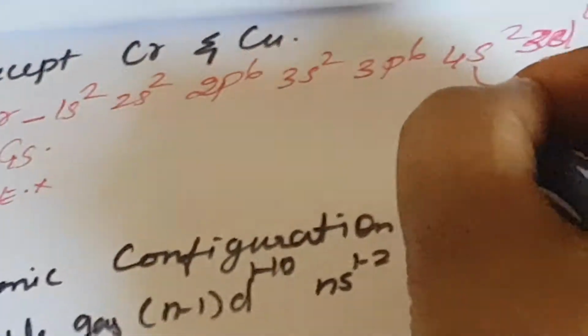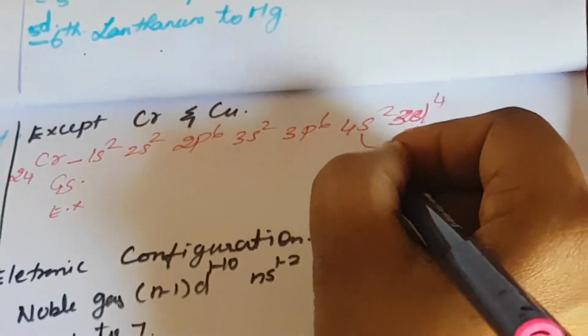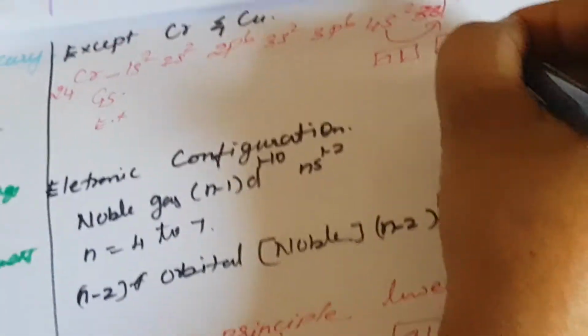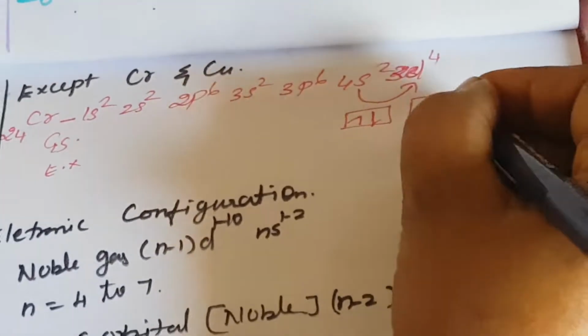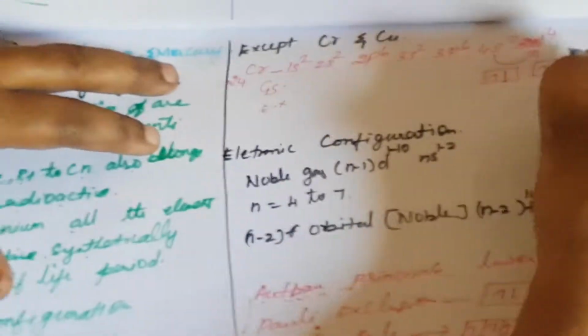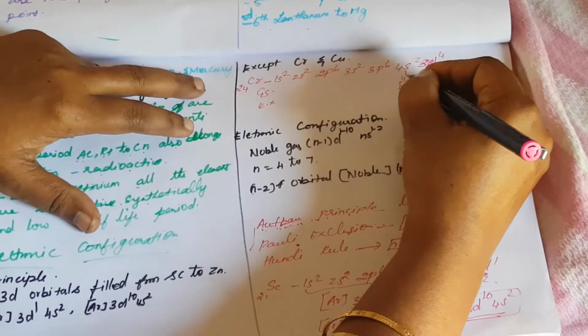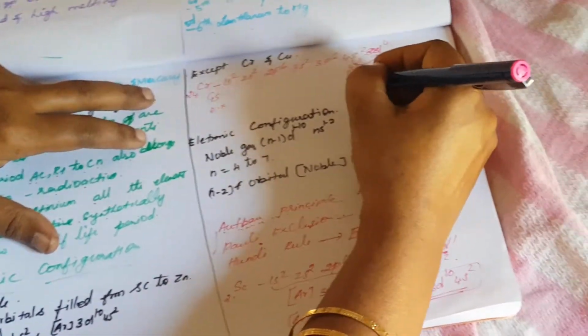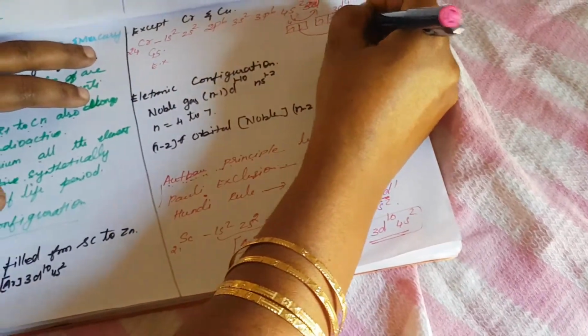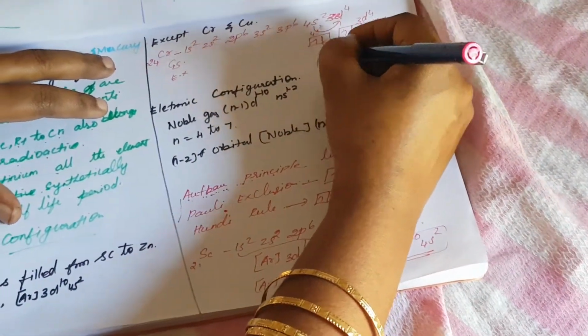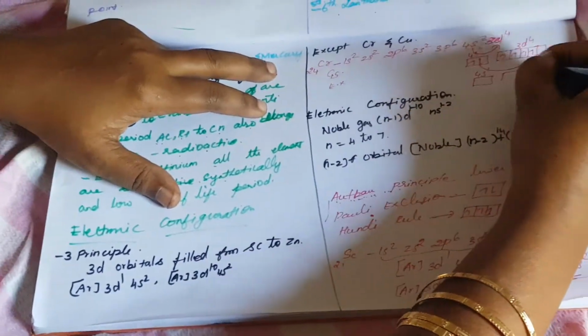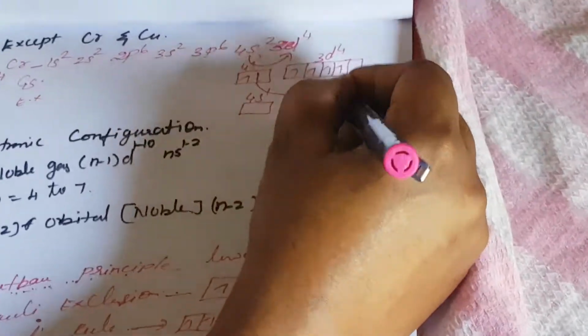One electron from the s orbital is promoted to the d orbital, so it becomes 4s1, 3d5. 3d5 means a half-filled orbital, and half-filled orbitals are more stable.